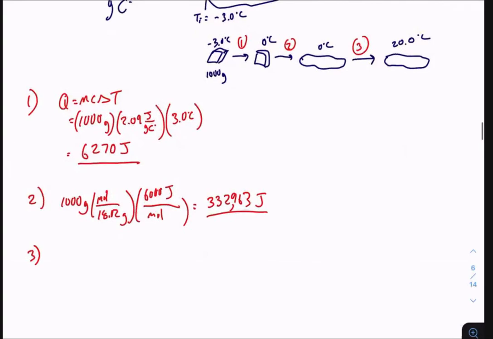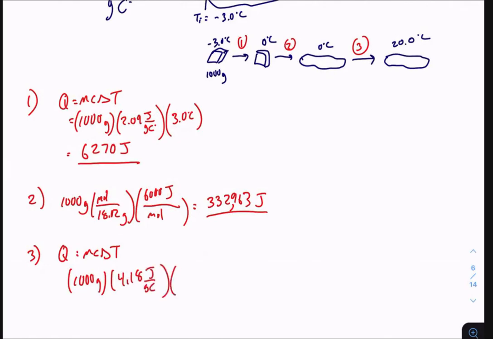All right, and the last step, we're taking this liquid water at 0 degrees and changing its temperature to 20 degrees. Again, the mass is 1,000 grams, but now we need the specific heat of liquid water.